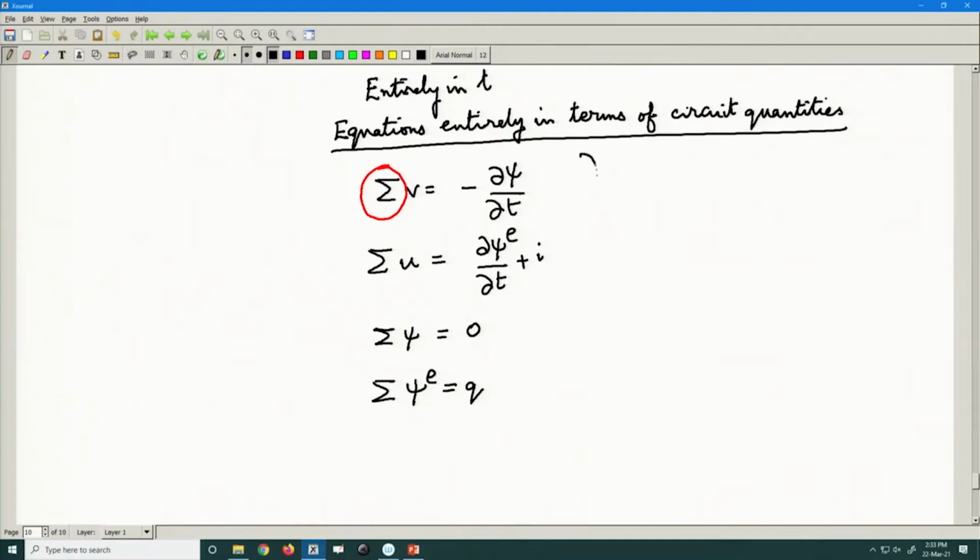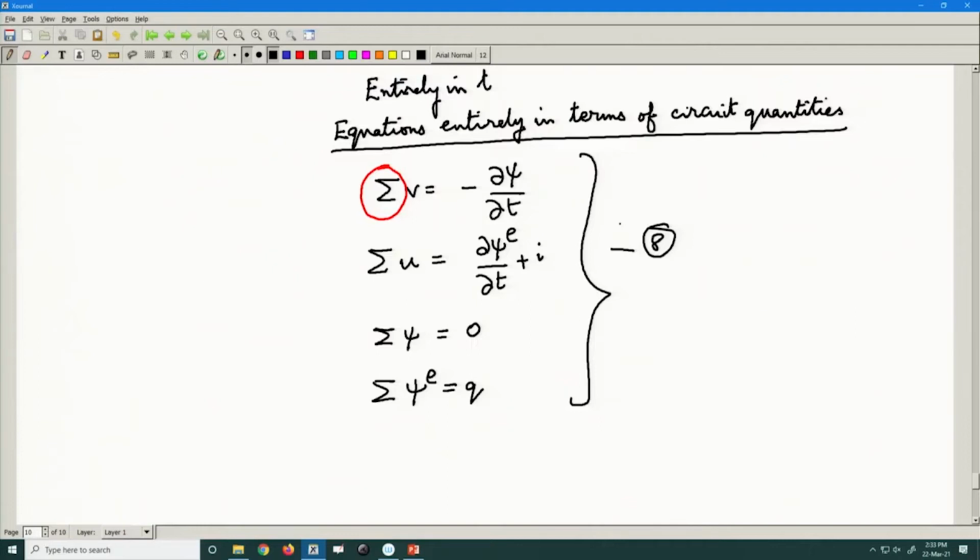So, these bunches of equations pertain to equation number 8. They are the equations you see here. There is no field quantity, there is no field quantity, we have expressed it purely in terms of circuit quantities.